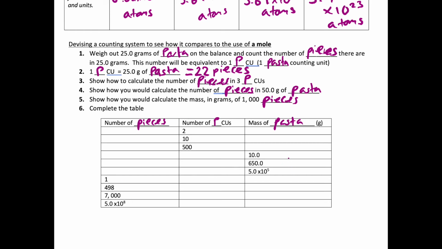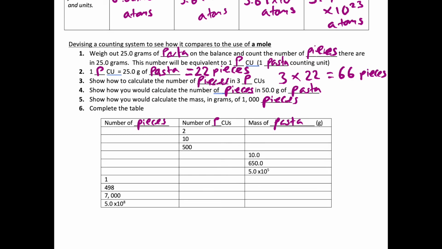So what I'm going to do is work through that pasta example for question 3, 4 and 5, so that you are then able to go on and complete that table. So in 3 pasta counting units, we're going to be having 3 lots of that 1 pasta counting unit, which was 22 pieces. So 3 times 22 gives us 66 pieces.